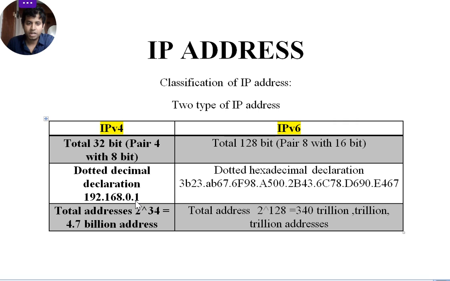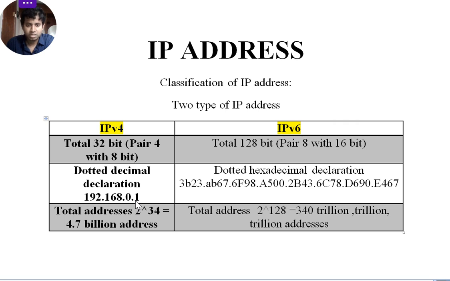So here are 4 pairs and every pair has 8 bits. That means the total is 32 bits. So IP version 4 has a total of 32 bits and every pair has 8 bits. That means 1 byte, so IP version 4 always keeps 4 bytes.